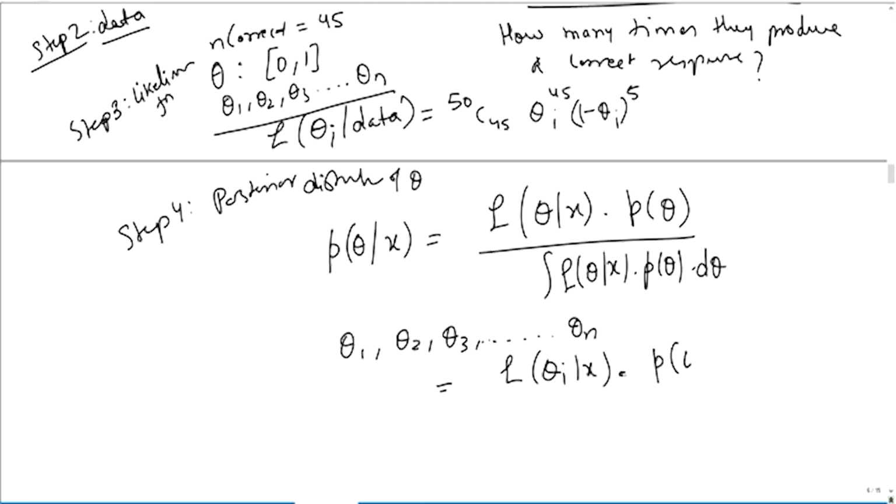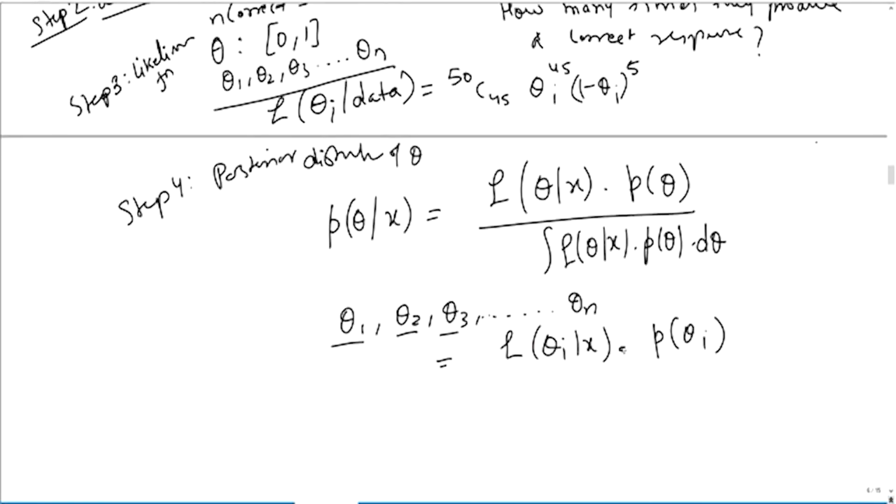You can also compute its prior density. What is the prior density of theta 1? What is the prior density of theta 2? You can compute all this from the prior distribution of theta, from the beta 85, 15 that we chose. So this will give you likelihood times prior. Now you need to divide this by the integration of this.